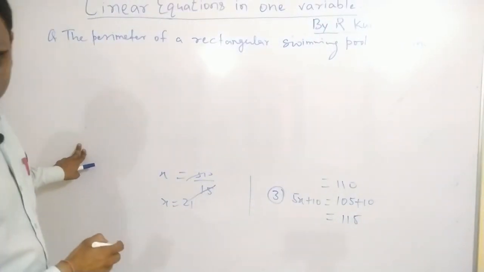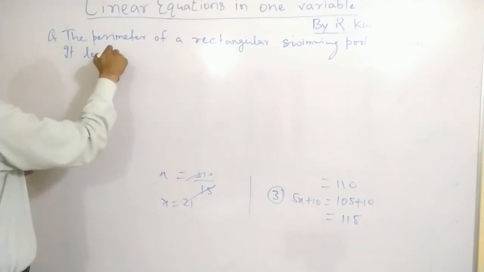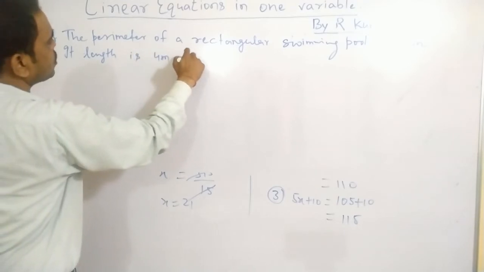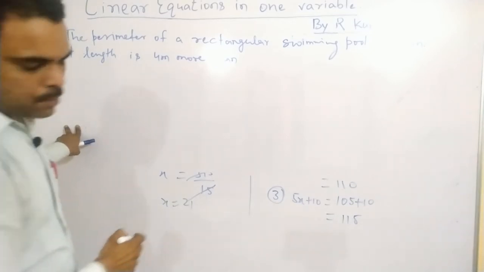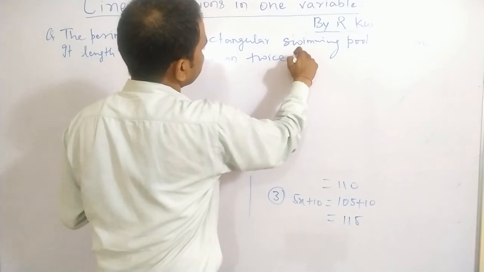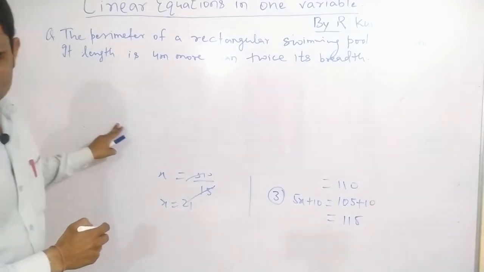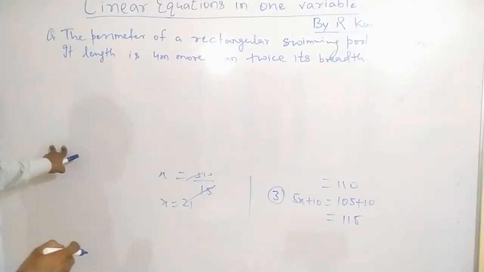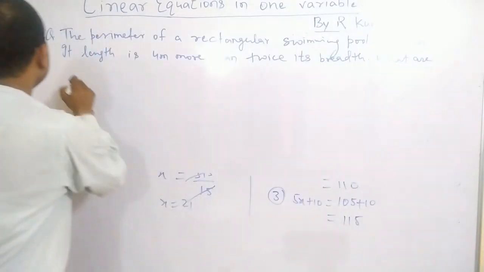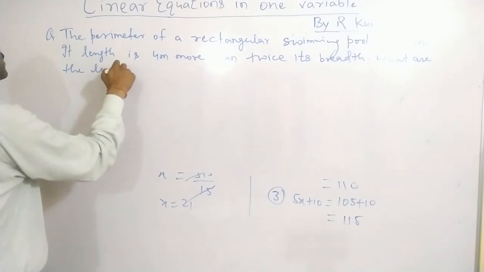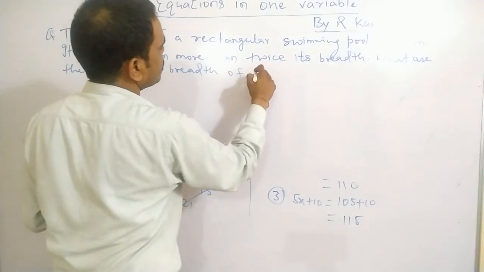Its length is 4 meters more than twice its breadth. What are the length and the breadth of the pool?